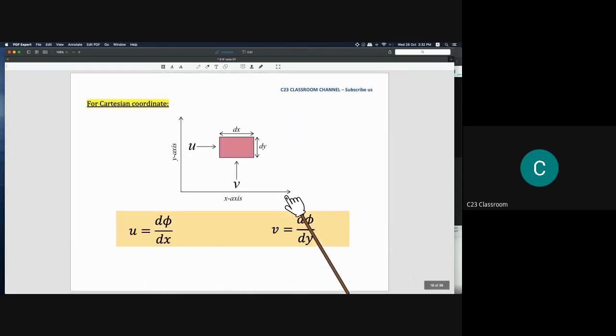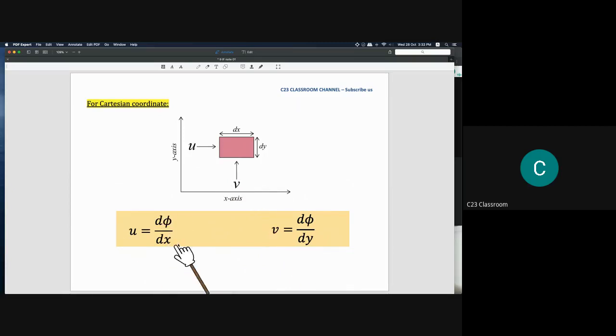So how do we derive phi computationally? We just use the idea of this one. We have just one square box here to reflect our small particle of fluid. So we have u, we have v, and the lengths are dx and dy here. So we could say that u here is d phi over dx.